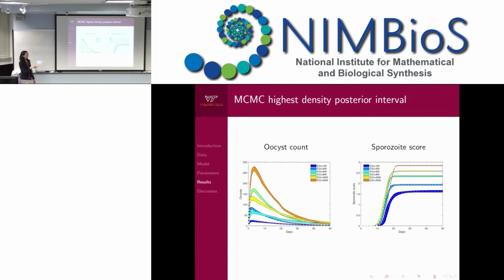Then on the sporozoite side, we see in the MCMC that there's actually a pretty similar timing at which we start to see the appearance of the sporozoites, but some difference in the growth of those sporozoite curves dependent on the level of the initial conditions that we were looking at, and some differences in the variability.